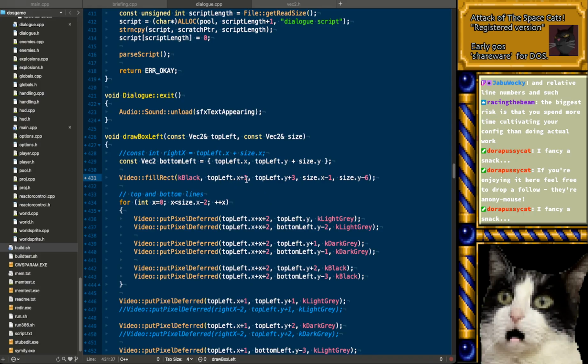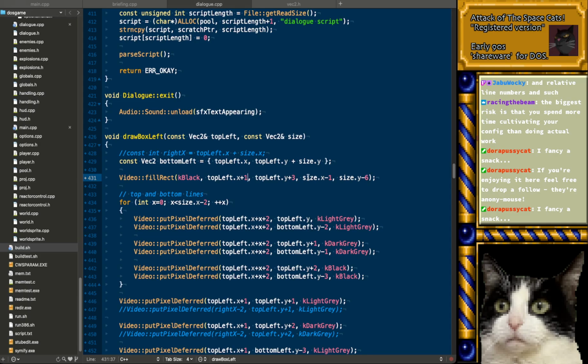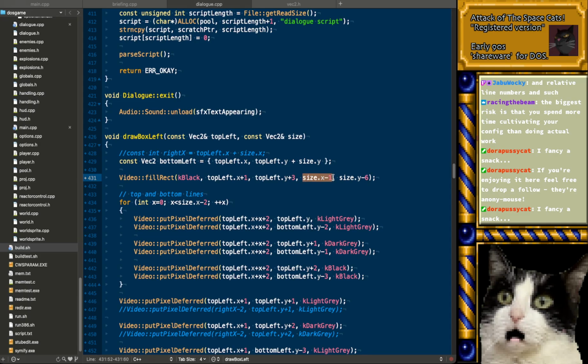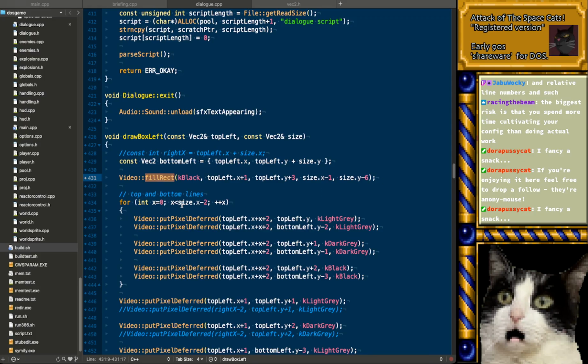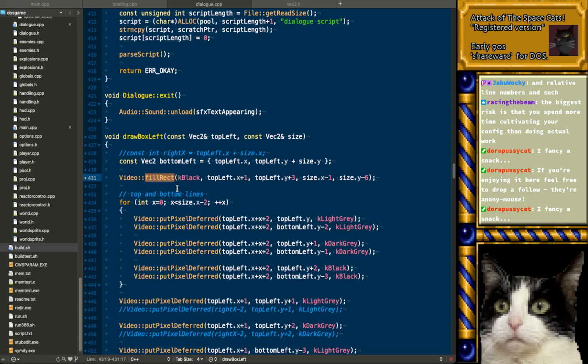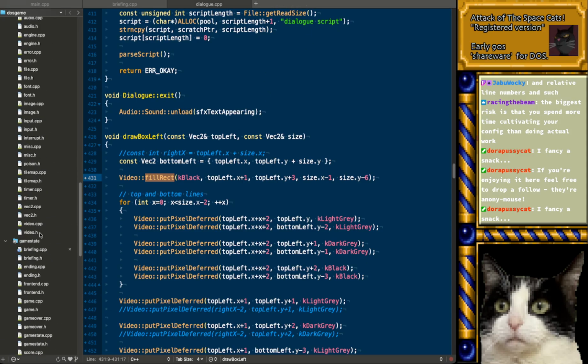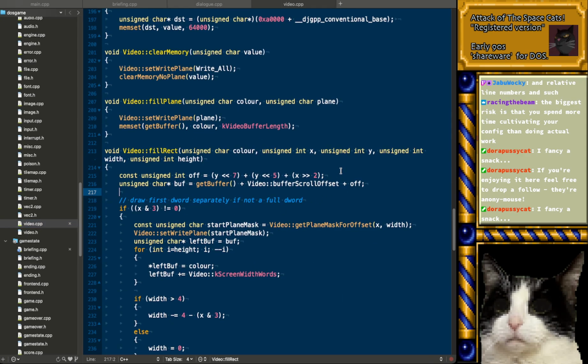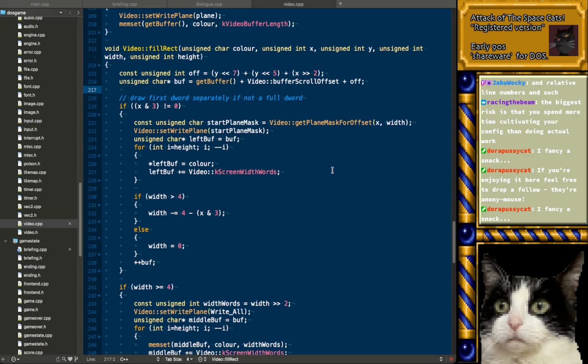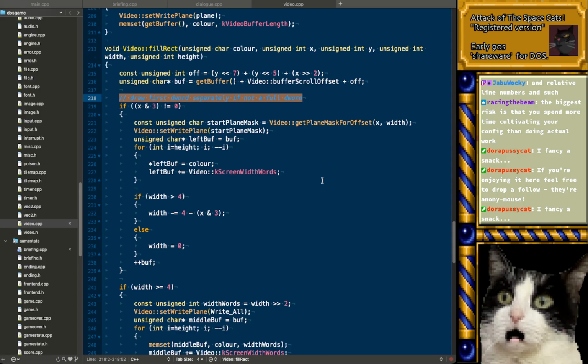So we are 1 column to the right. And we are supposed to be drawing 2 pixels. That says to me that FillRect is broken. Or at least has an issue where it's off by 1 occasionally. First D word separately, if not a full word.